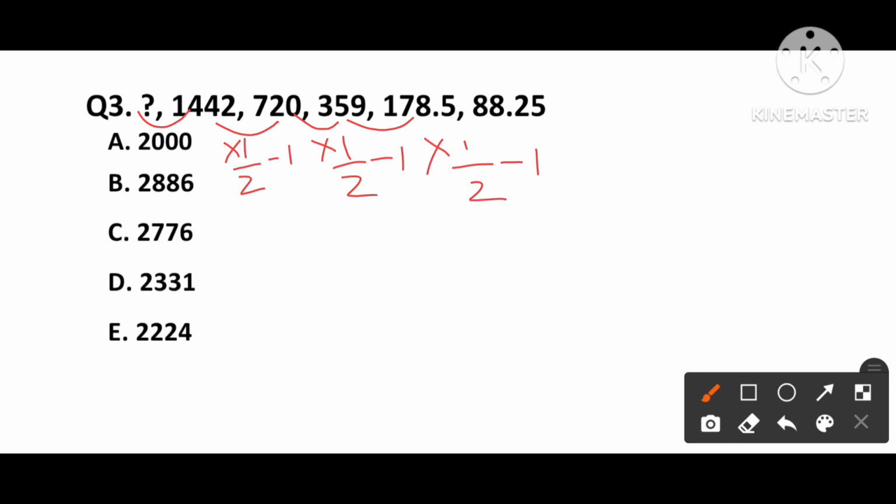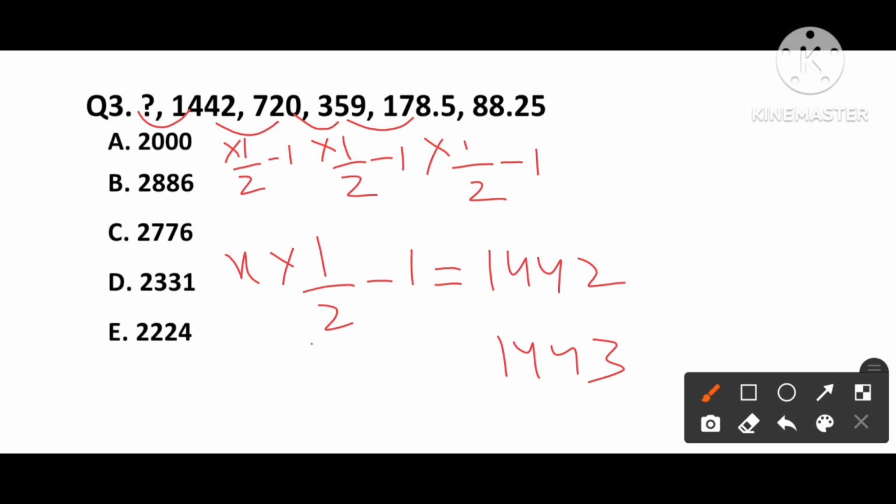So here this value must be x into half minus 1 equals 1442. So minus 1 goes to the other side with 1443. This 2 goes this side with multiplication. So what we have is 2886 is the answer. Option B is the answer for this question.